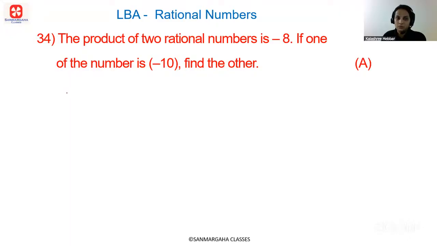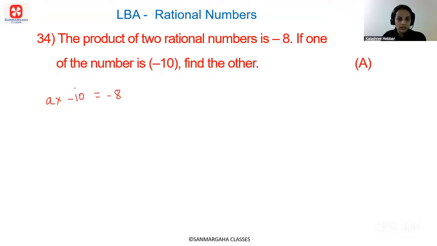The product is nothing but the multiplication of two numbers. The product you get is minus 8. If one of the numbers is minus 10, they have given here.